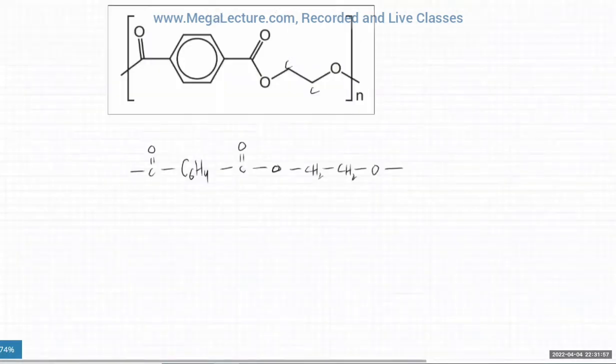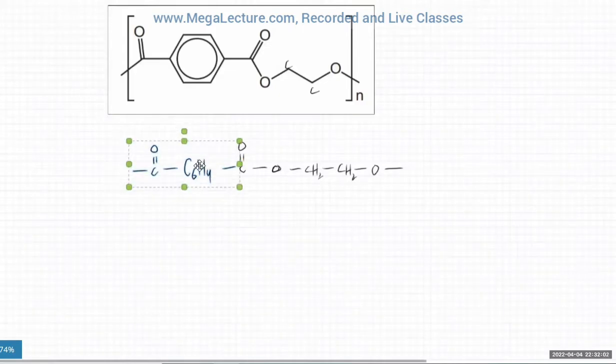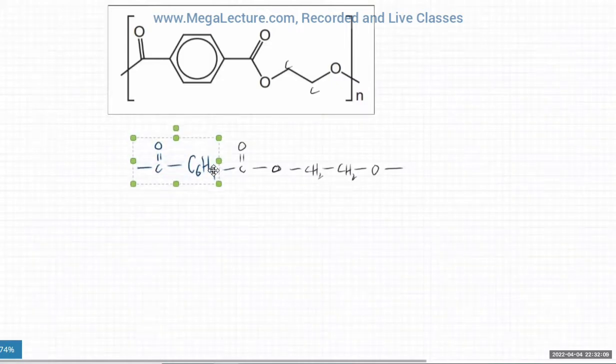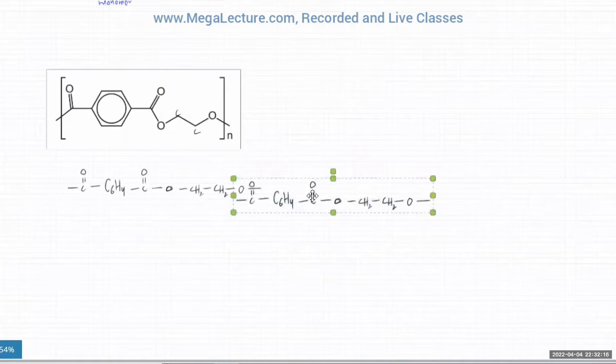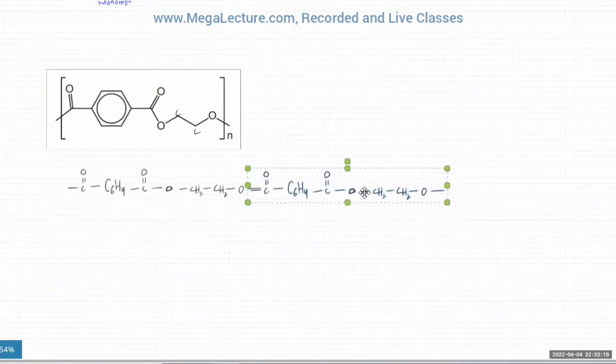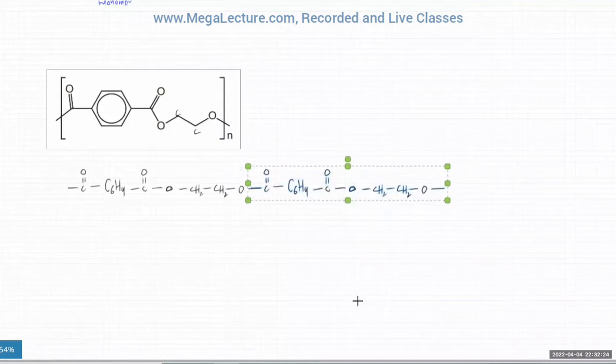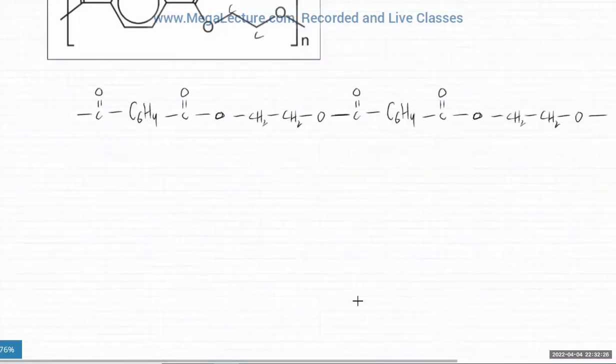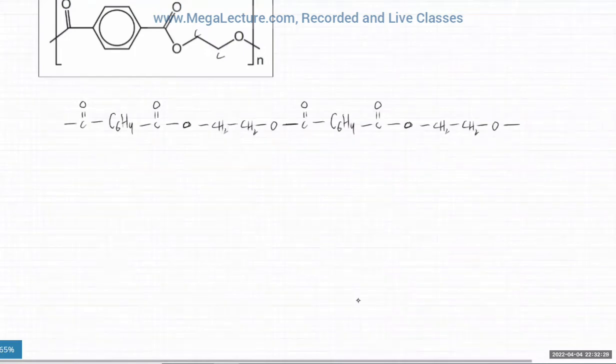They don't show that. So anyway, here's your molecule, and that's your repeat unit. This thing is going to repeat, so I'm going to draw another one and connect the ends. So that's kind of fine. Now you're going to find all the ester links, all the linkages.